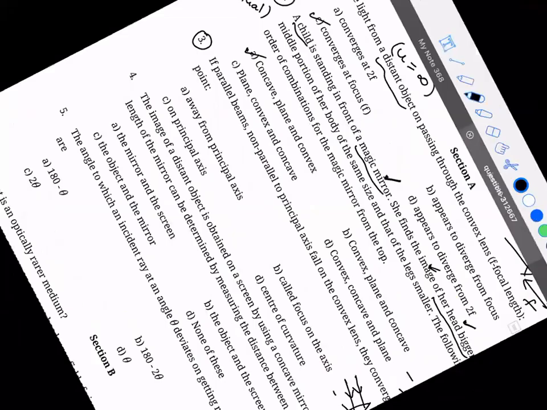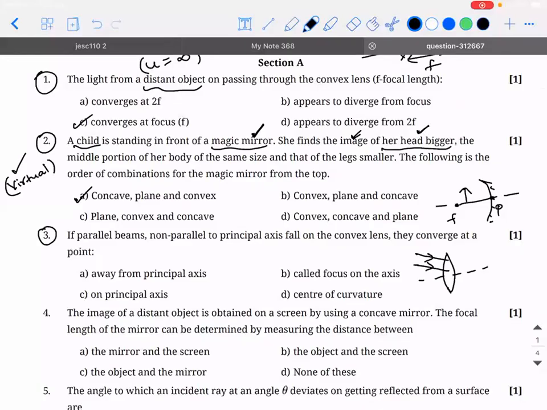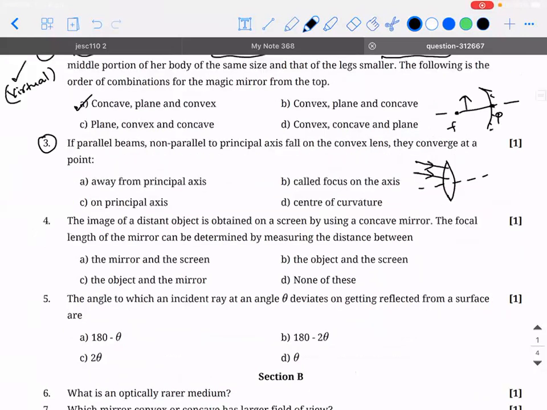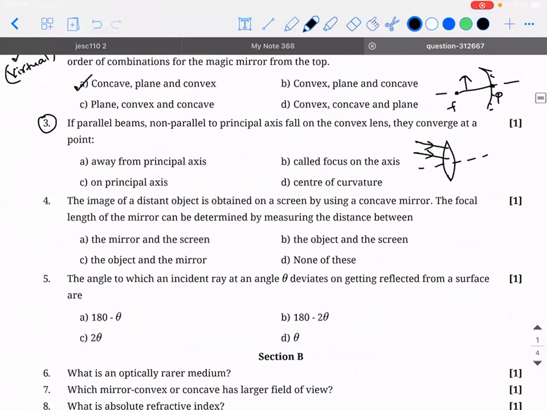Are you guessing or do you know the answer? So I'm seeing the answer, sir. Okay. So what are you saying? First option? So option C, sir.